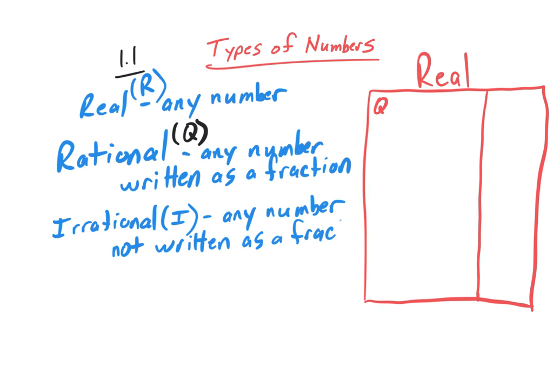So then it would be just the opposite. It would be any number that we can't write as a fraction. There's not as many of those. So what is a number that we are familiar with that can't be written as a fraction?